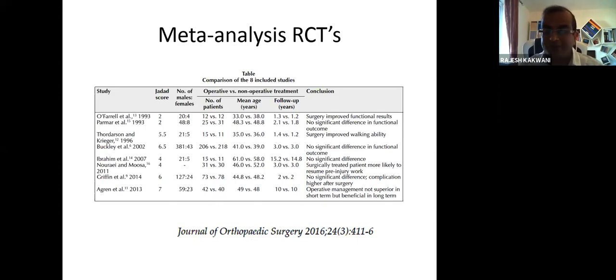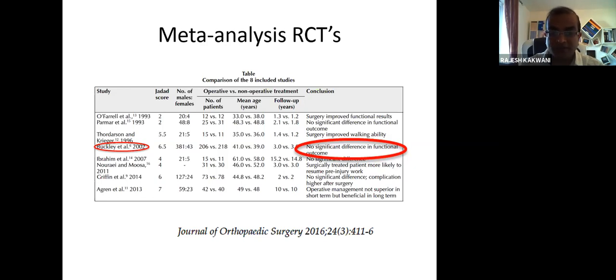We go back to evidence-based medicine. We have various publications of randomized controlled trials, the biggest one being from Buckley, which had more than 200 patients in either group, and they showed no difference in the functional outcomes between operative and non-operative management.